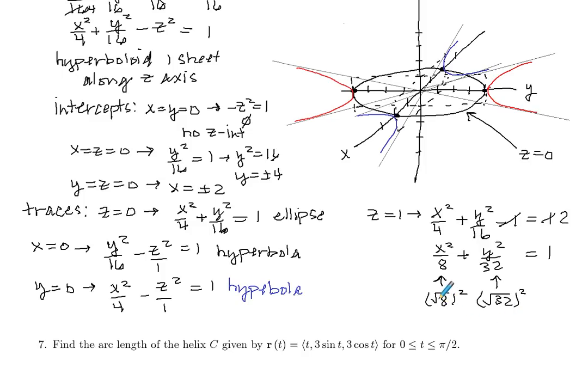Okay, so square root of 8 is between 2 and 3. So if we go up to height 1, we're going to come out somewhere between 2 and 3. And so it looks like we're going to have a point about there. And here we go up to height 1, we're going to come out between 2 and 3, and probably somewhere about there.